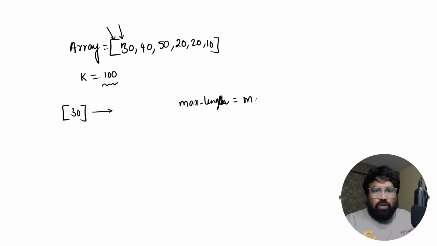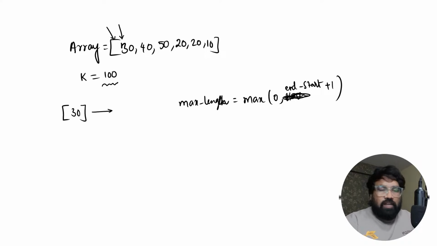So what I will do is store the maximum length: max length is equal to max of 0, comma, end minus start plus 1.